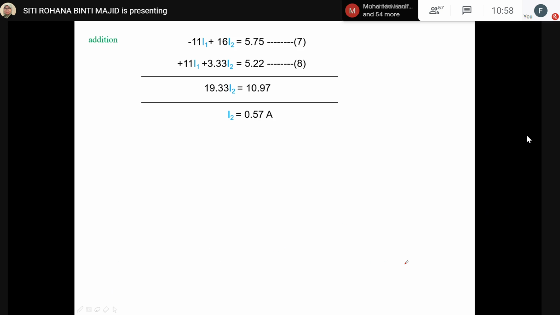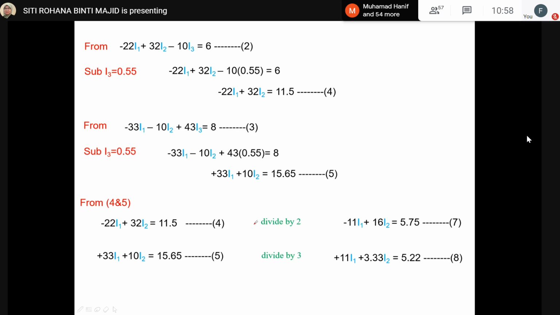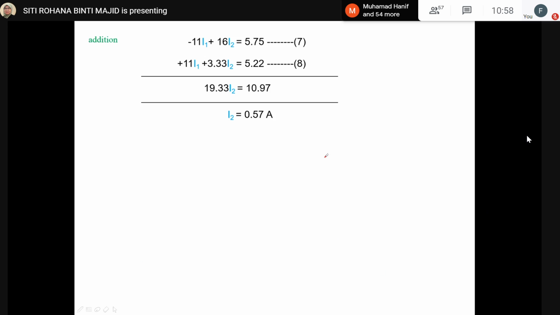Okay, then you will get this one. Just use the addition for the simultaneous equation, and then you will get I2 as 0.57.